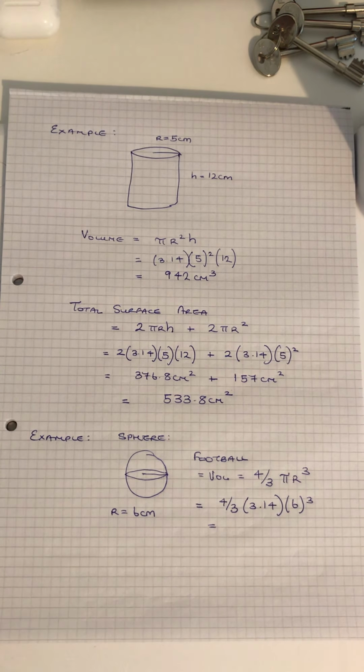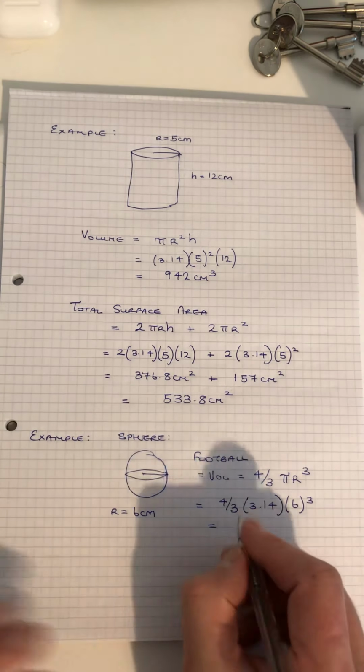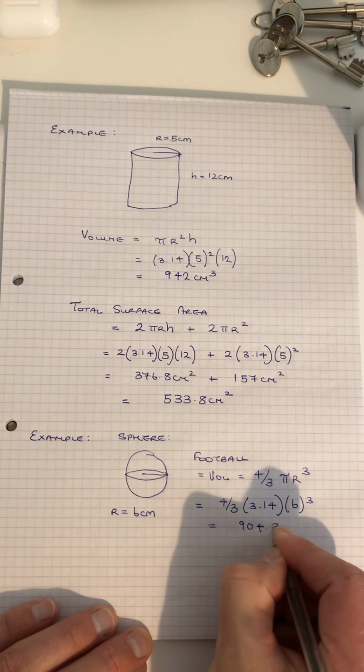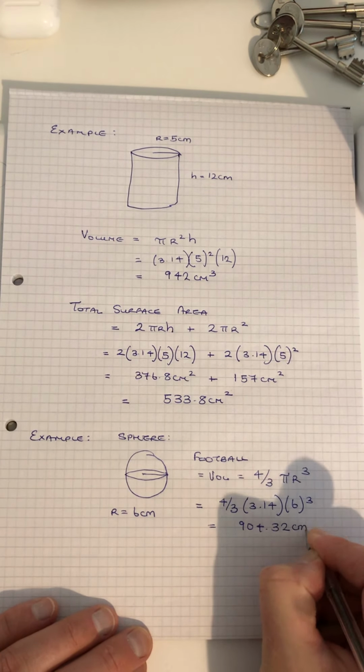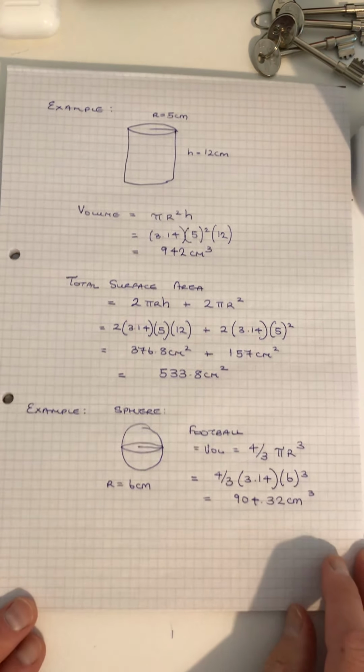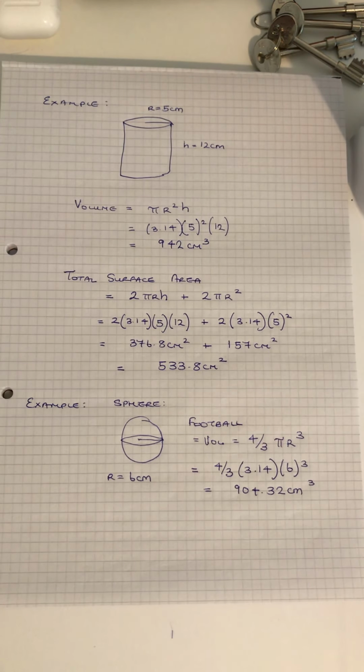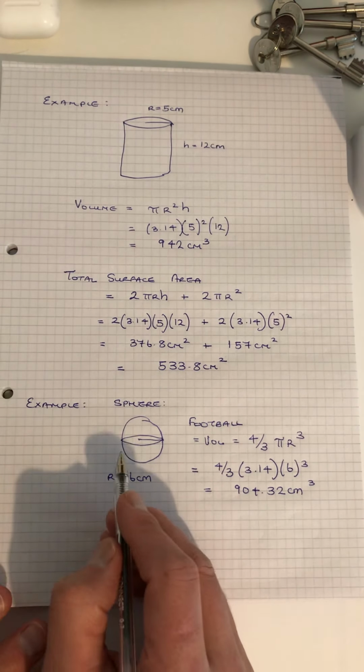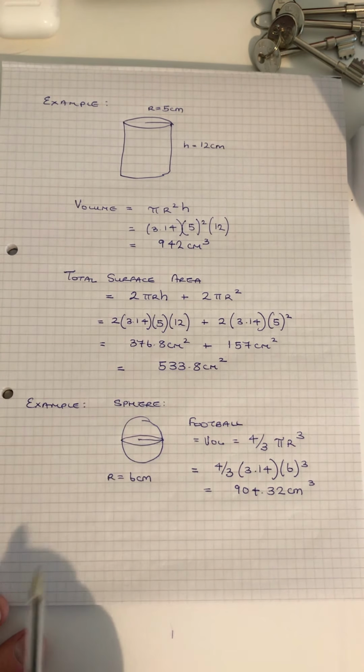So 4 over 3 multiplied by 3.14 by 6 cubed gives us 904.32 centimeters, and its volume, so it's cubed. Okay, and that's always with volume of a sphere.